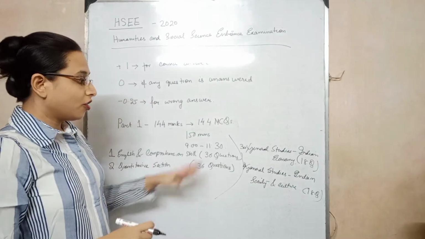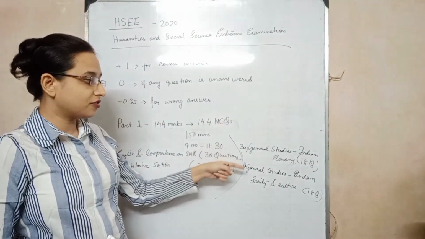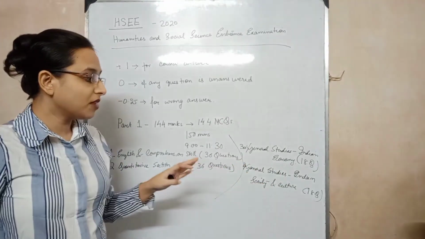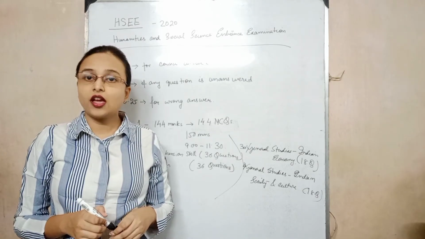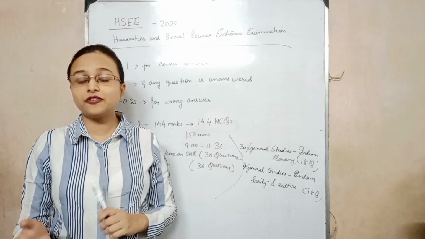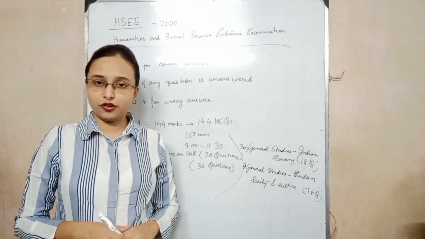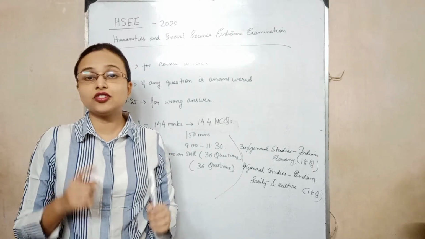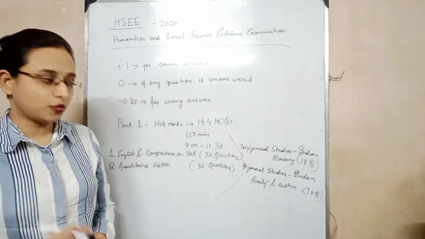So 36, 36, 18 questions from Indian economy, and 18 questions from Indian society and culture. Now this will be based on history, culture, various tribes, various people of different states of India and their culture, habits and so on. Now the third section is general studies relating to world affairs. This will also have 18 questions.